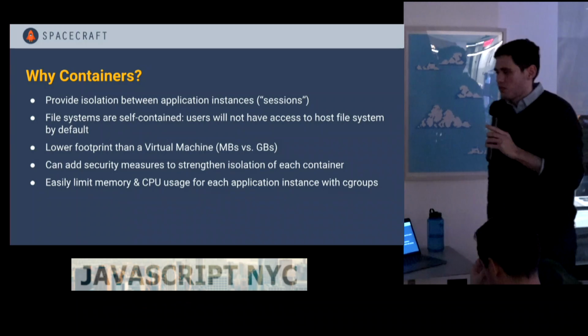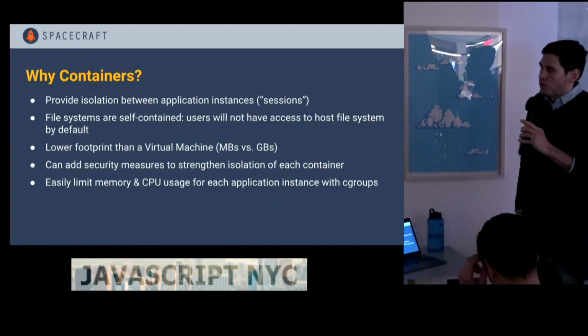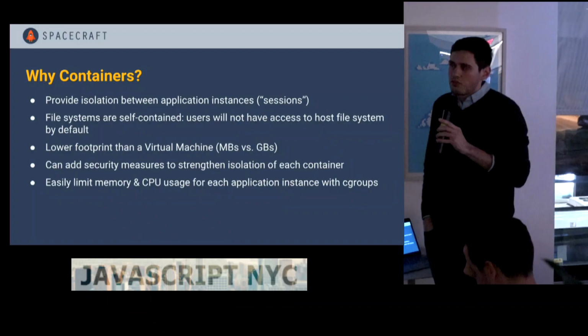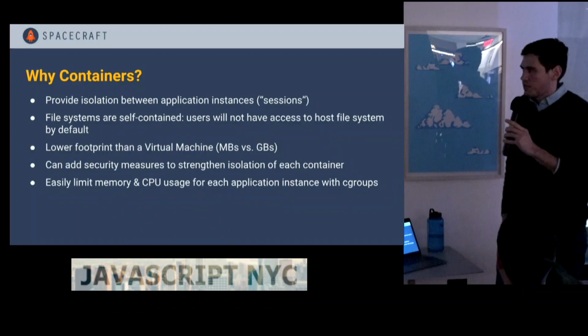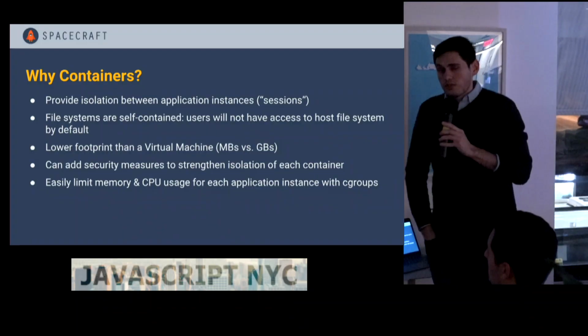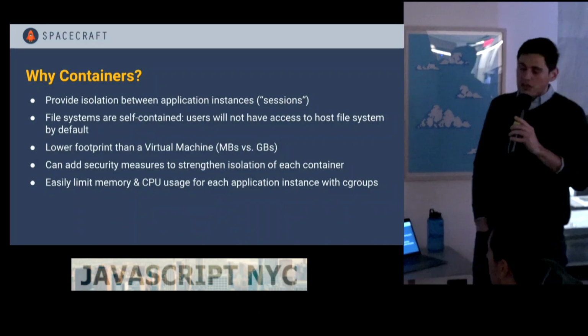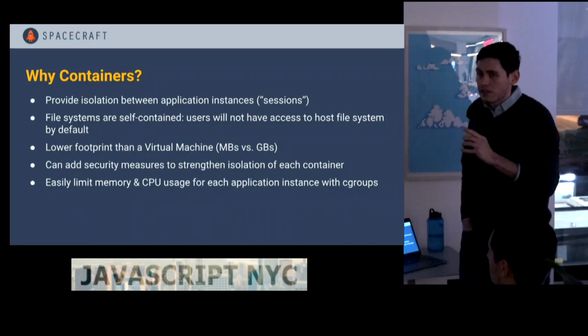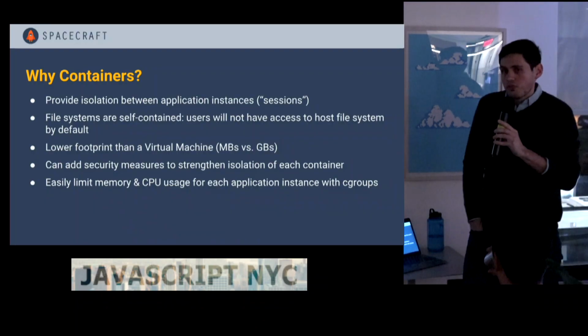In terms of how many containers we can run on a server, on a 4 gigabyte server, which is what we were using, we could run up to 100 containers. Not going to be able to run that many with virtual machines. While containers themselves aren't super secure by themselves, we can add measures to make them more secure. And finally, for all those resource sharing problems, we could add cgroups to limit the usage.